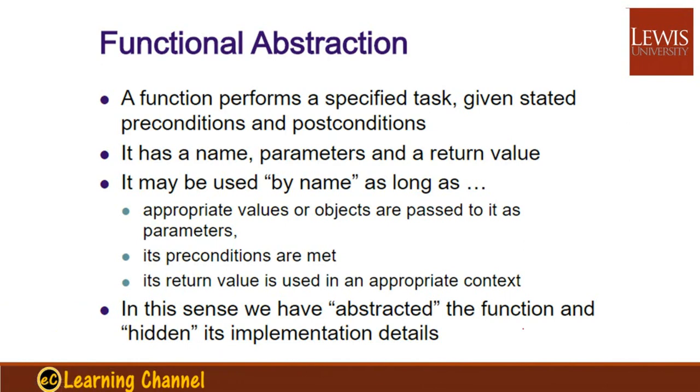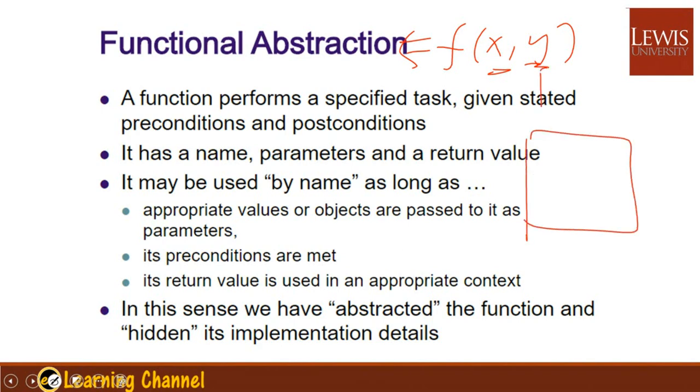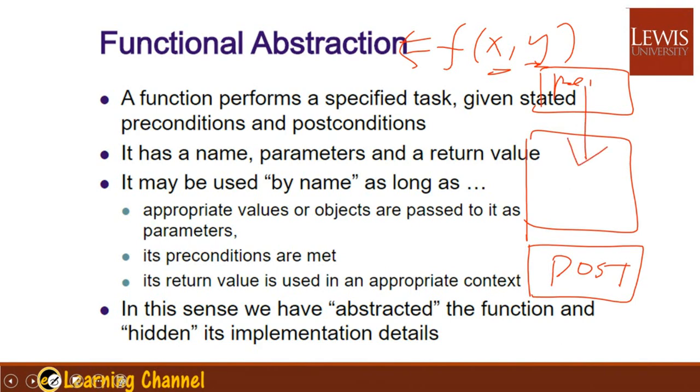So basically, a function has some parameters and some return value. It has some precondition and then some postcondition. You meet that precondition and provide some input, and you get some result that meets the postcondition.